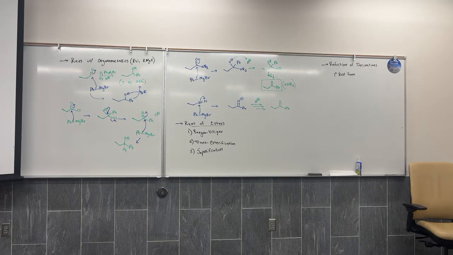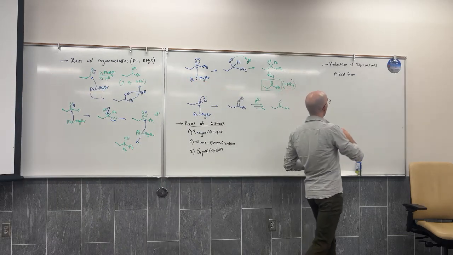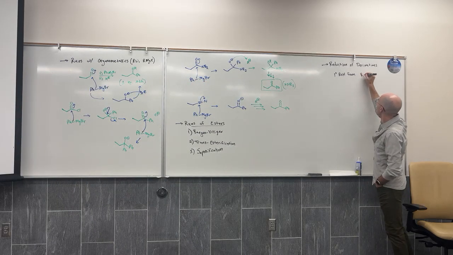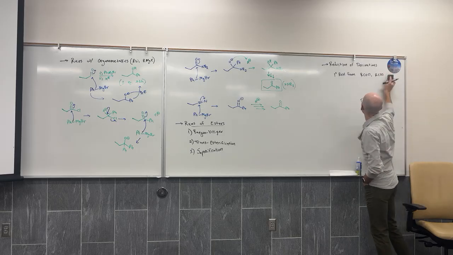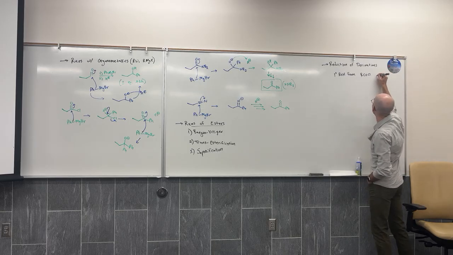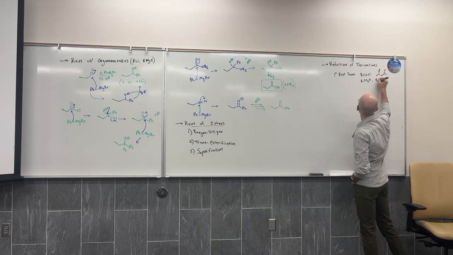We found that we could make primary alcohols by reducing these primary carbonyls. Primary alcohols from acid halides, acid anhydrides. Oh, I don't even know how to draw that. That's a weird one. Acid halides, anhydrides, esters, acids.